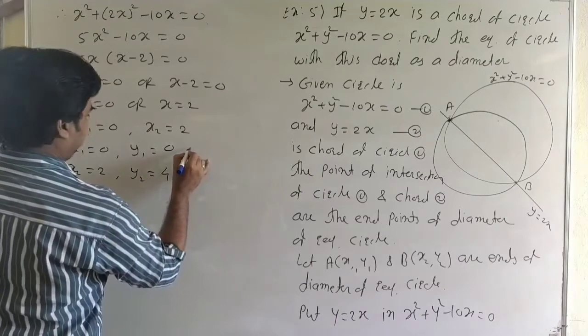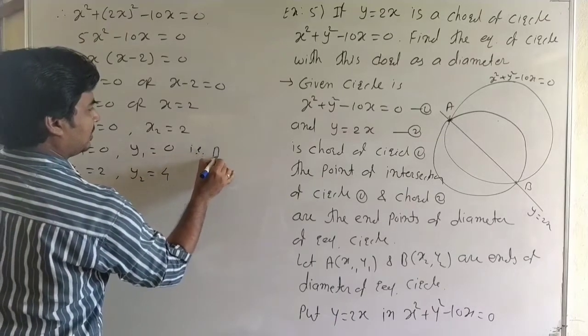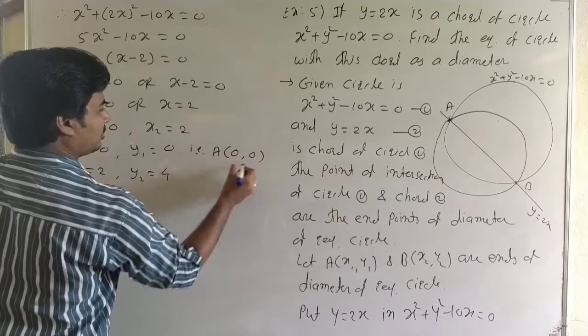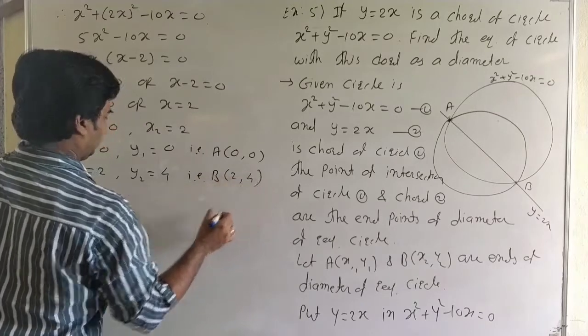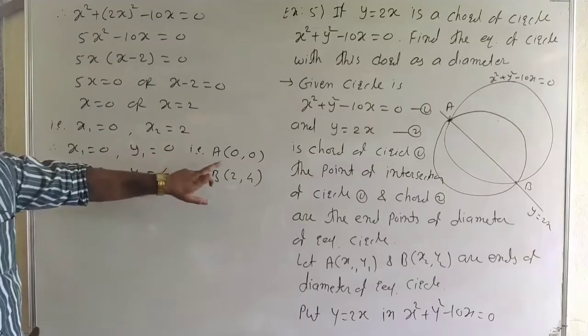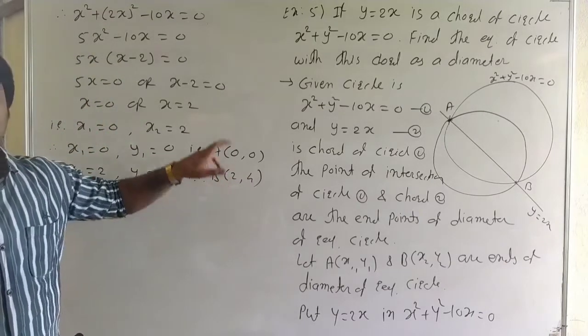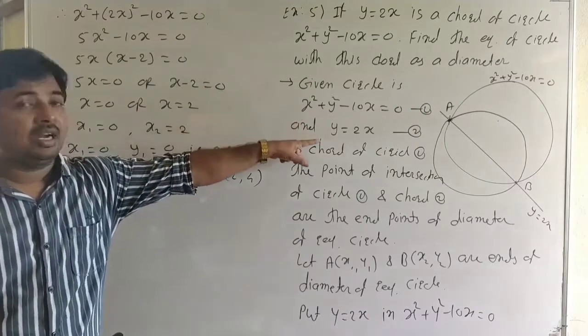Okay. Therefore, it is A (0, 0) and B (2, 4). Here are the points of intersection of given circle and chord.